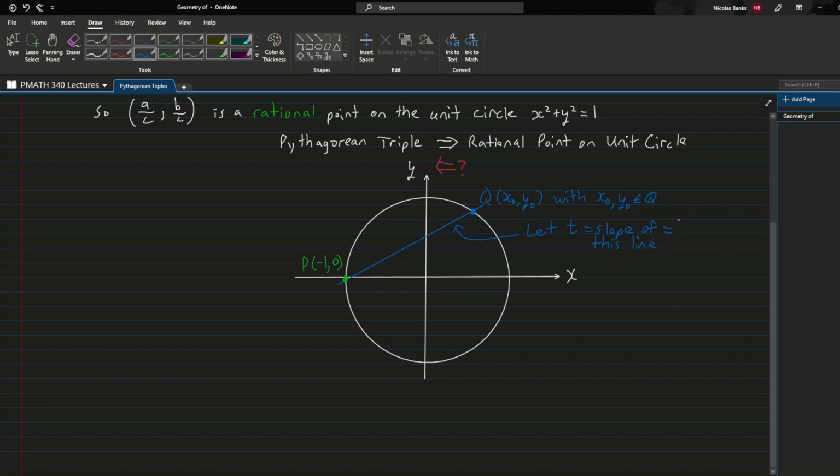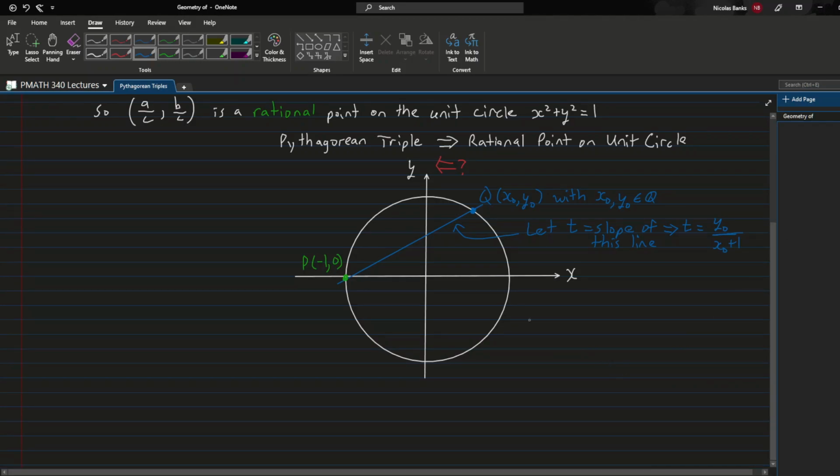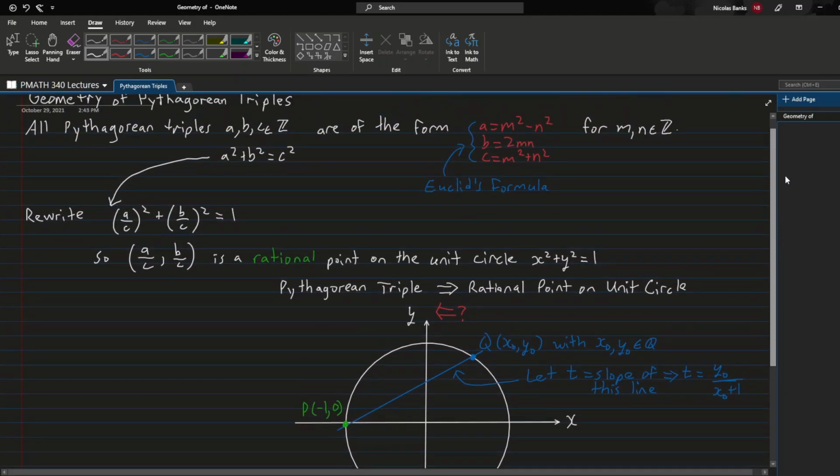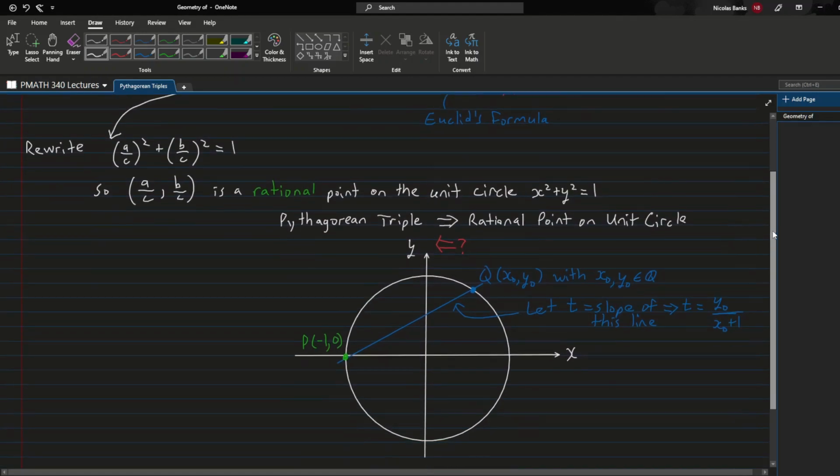And an elementary formula: t is equal to the change in y, which is y0 minus 0, over the change in x, x0 minus 1. So that's the slope of that line. And now our goal is to use this information to find some expression for x0 and y0. And we hope that that'll lead us to deriving the expressions up here for a, b, and c that I wrote.